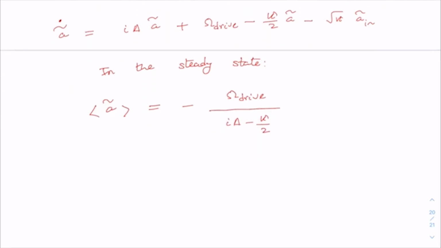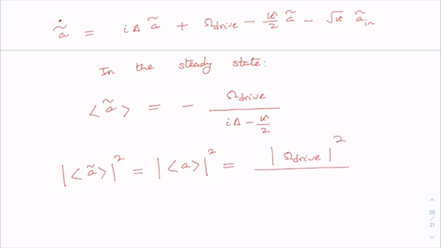And therefore, as you can see, if I take the mod square of A tilde, that is exactly equal to the mod of the average of A squared, and that is equal to mod omega drive squared divided by delta square plus kappa square by 4.